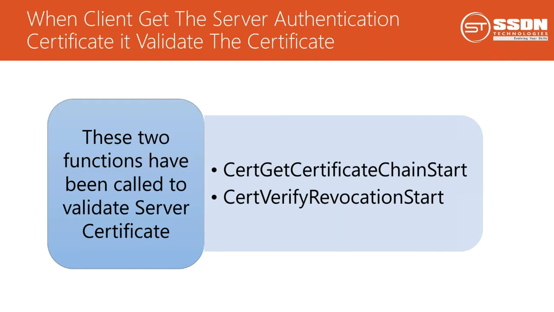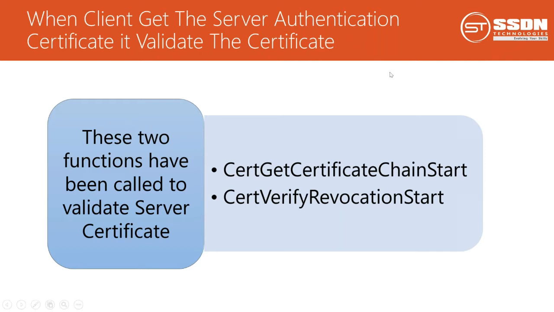However, there are some circumstances where we need to revoke the certificate before its expiry. That can happen because of a number of reasons, like if the private key of the certificate has been compromised, or if there is any problem in that certificate. Because of that, the administrator has forcefully revoked that certificate.